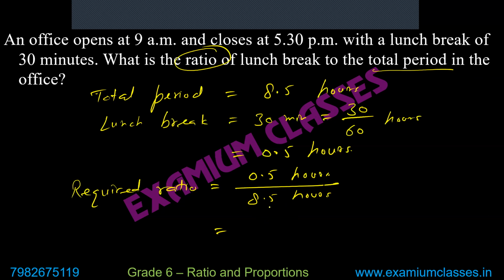But only one digit is there. So we can strike off decimal. So it is actually 5 divided by 85. And when we simplify this one, 5 ones are 5, 17 5s are 85. So it will be 1 by 17, that is 1:17. That is the answer.